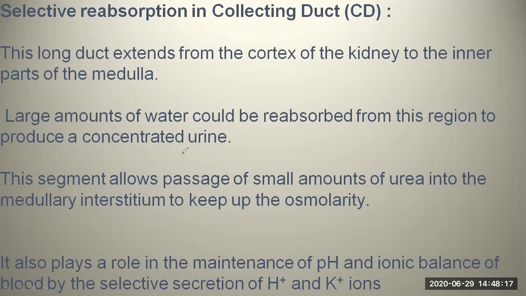This segment also allows passage of small amounts of urea into the medullary interstitium to keep up the osmolarity. Maximum reabsorption takes place in the proximal convoluted tubule, but some urea remains inside the filtrate.